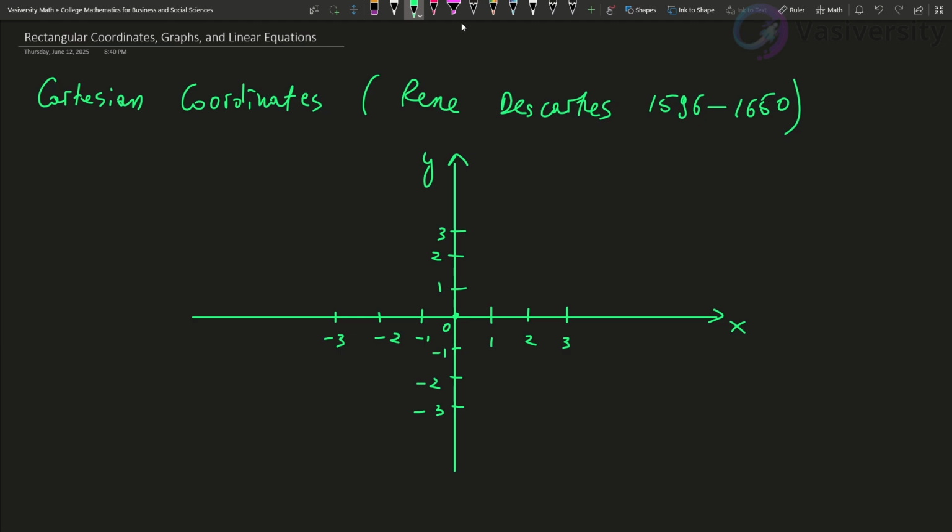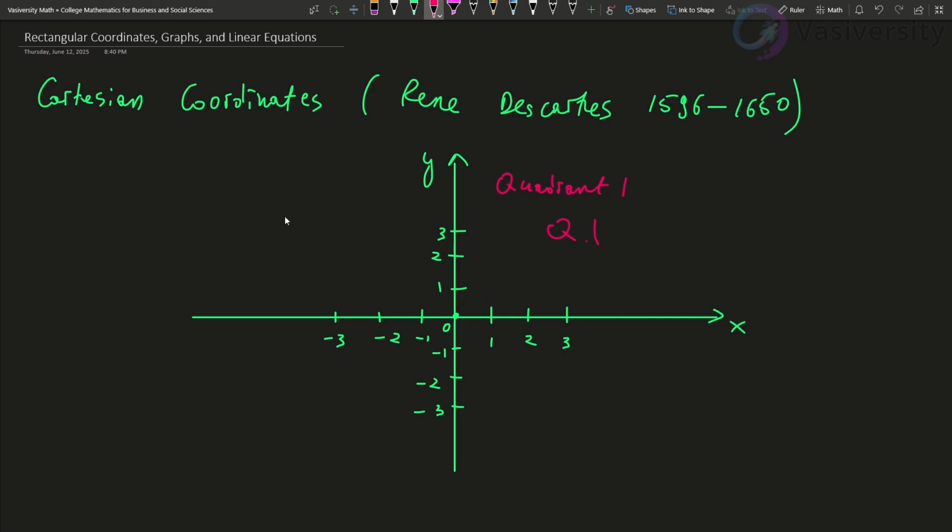Essentially, this part of the plane we call quadrant 1, or just Q1. Quadrant 1 gives us that x is positive and y is positive.